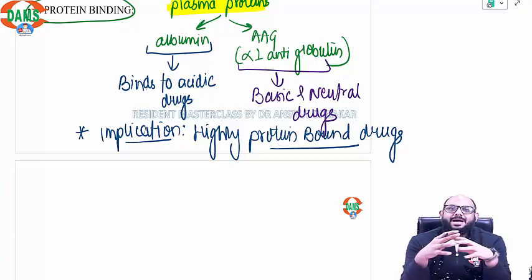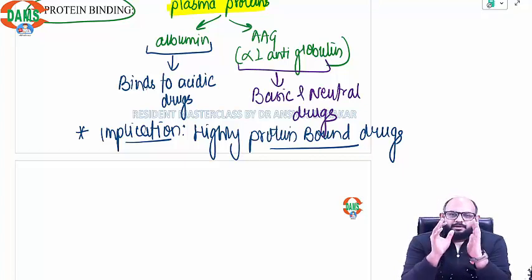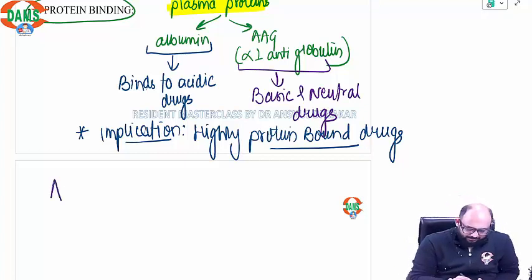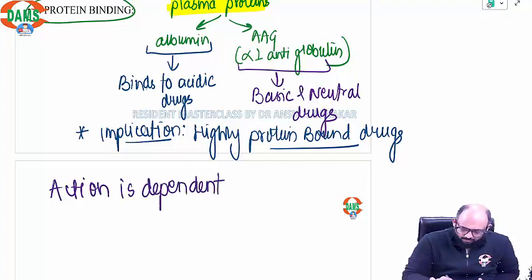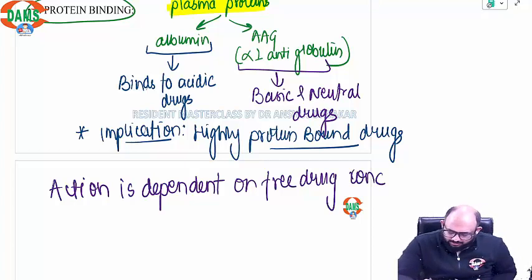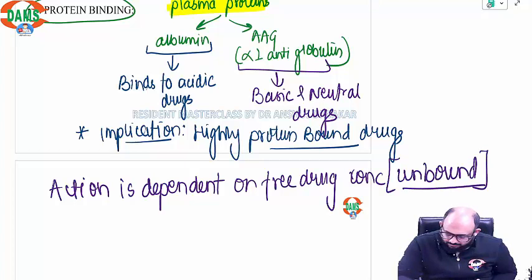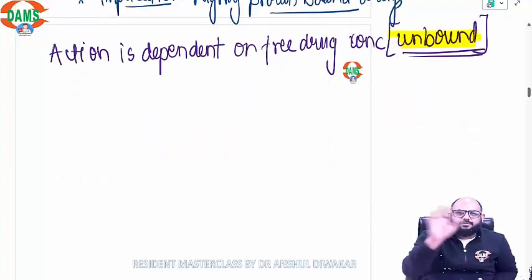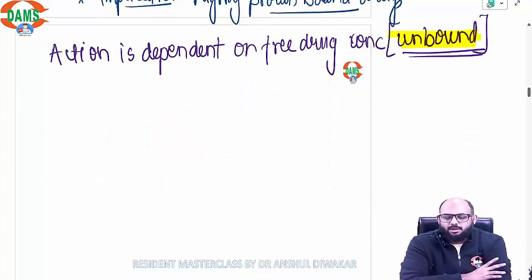Now, if a drug is highly protein bound, remember the action of the drug is dependent on the free drug concentration. That is the unbound drug, one that is not bound to plasma protein. A drug that is bound to plasma protein is not available for the receptor to act.